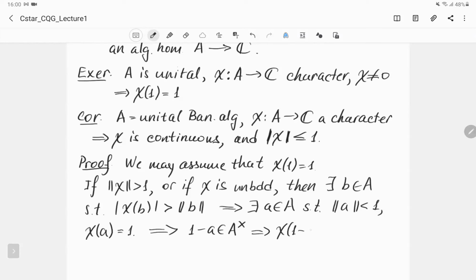So chi of 1 minus a is not 0. But chi is unital, so chi of 1 minus a is 1 minus chi of a. And this is 0 because chi of a equals 1. And this is a contradiction.